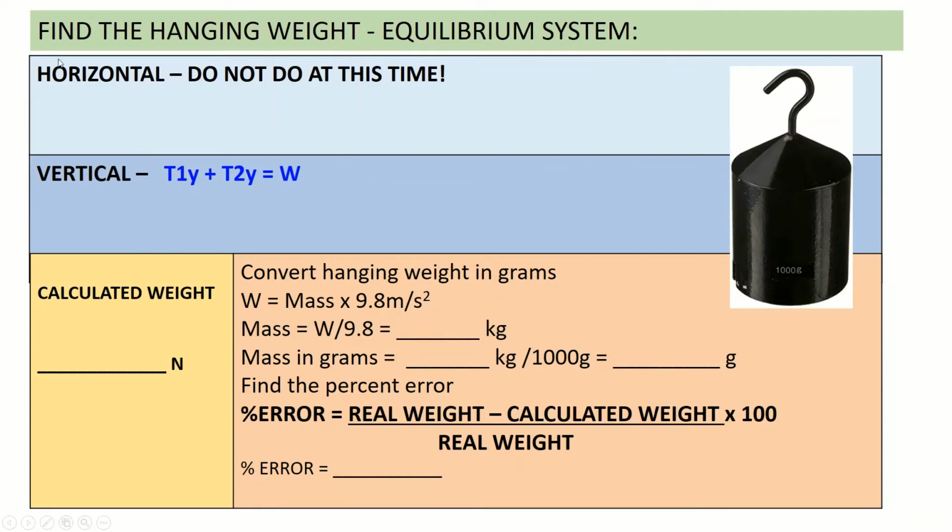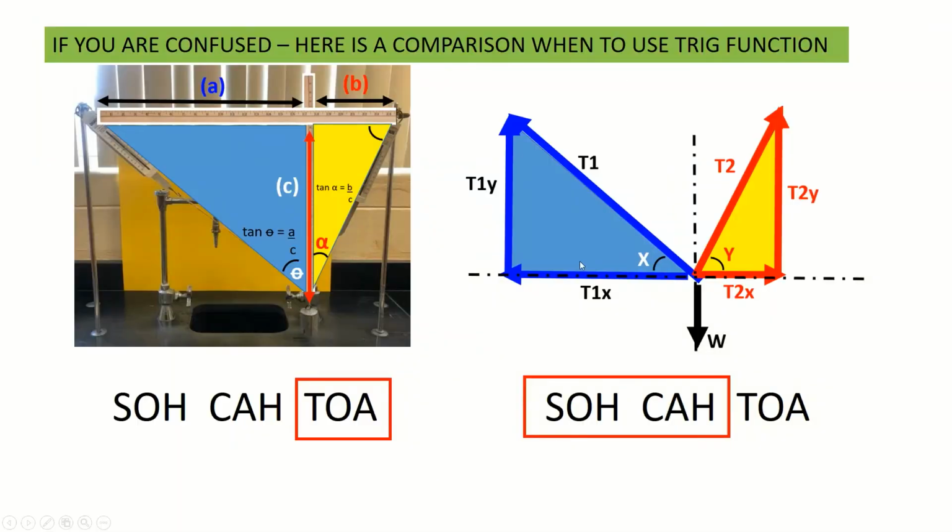And then we are not going to do anything with the horizontal side, because your main goal is to find the weight of this hanging object. So the weight is located on the vertical component.